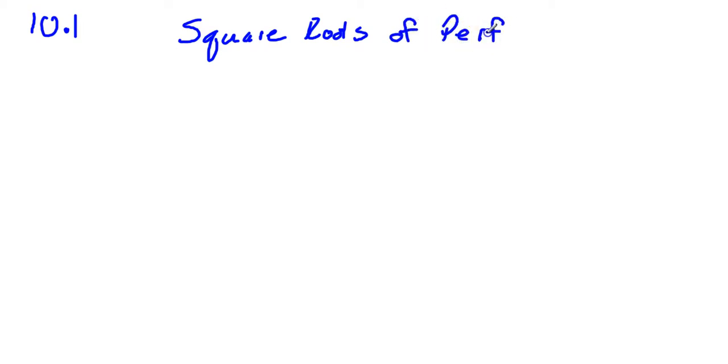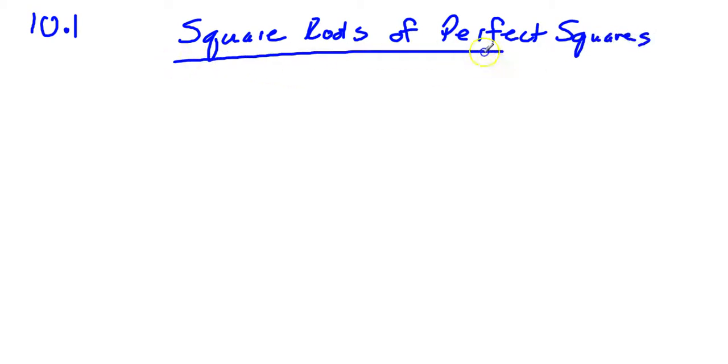Chapter 10 starts off with section 1, and we're doing square roots of perfect numbers. Or as they call it, square roots of perfect squares. This part is where you're going to be doing just your basic numbers.